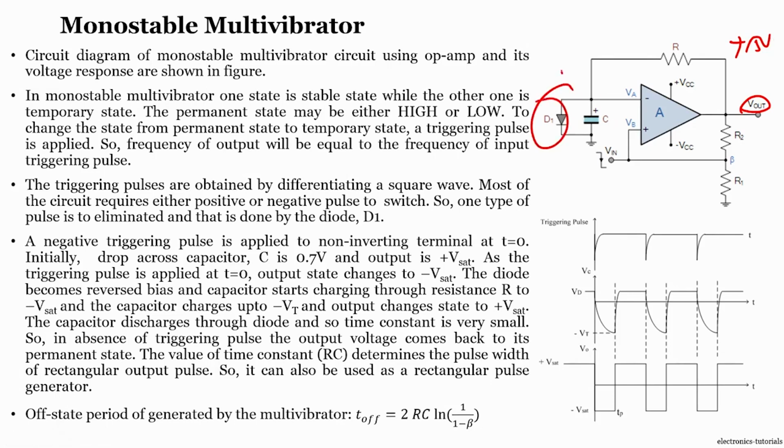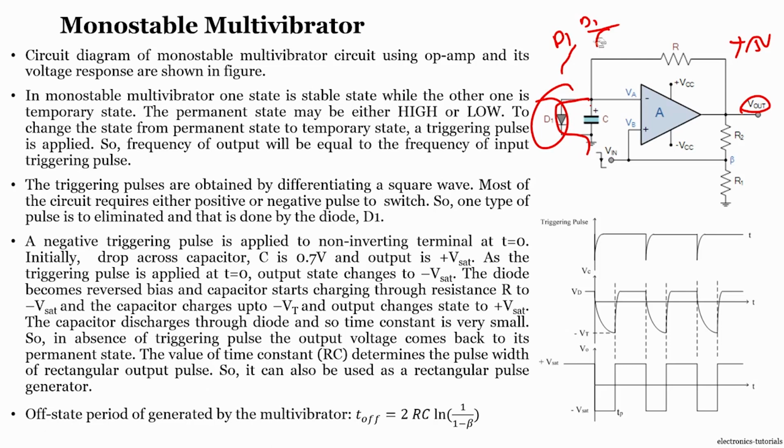Whenever the capacitor initially starts charging, once the value is equal to the cutoff value of D1, generally it will be 0.7 volts, then the diode will switch on, and the complete voltage will be connected to the ground. So, that means the capacitor will charge only till the cutoff value of D1, right.